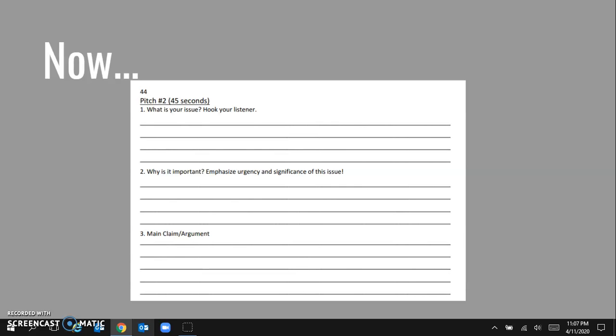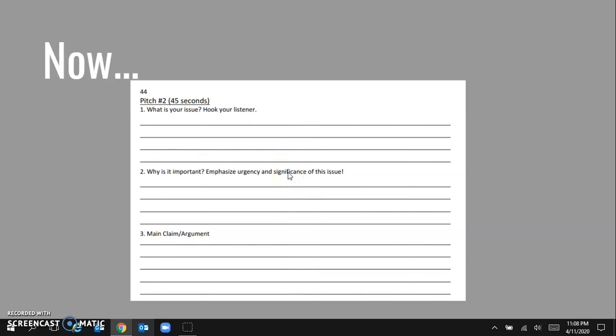So if you have your One World journal, the space to take notes for pitch 2 is on page 44. If you don't have your One World journal, you can write this on a separate piece of paper. You already have notes from pitch 1.